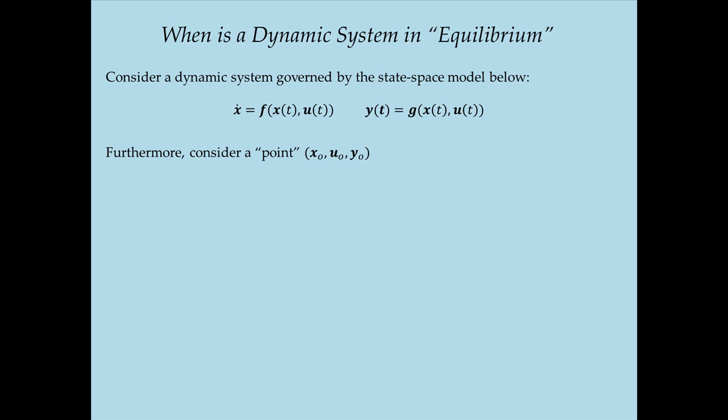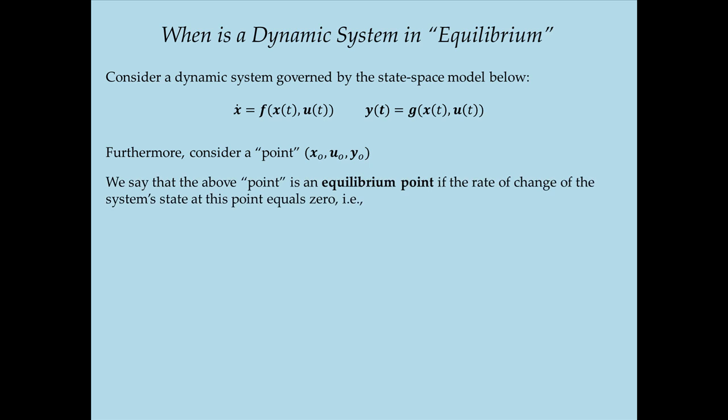If I wanted to be very precise in my use of mathematical language, I would say that this is a tuple. It's a set of values of x, u, and y all rolled into one definition of one point. What I'm going to say is that this point is an equilibrium point if the rate of change of the system state at this point is equal to 0.